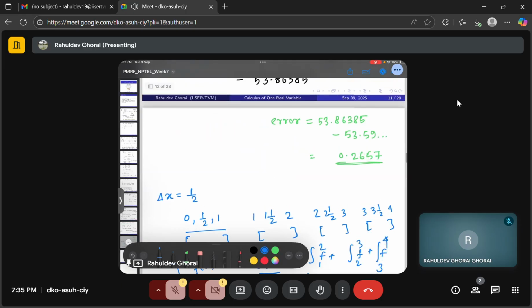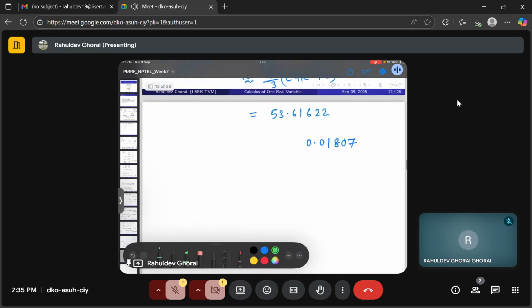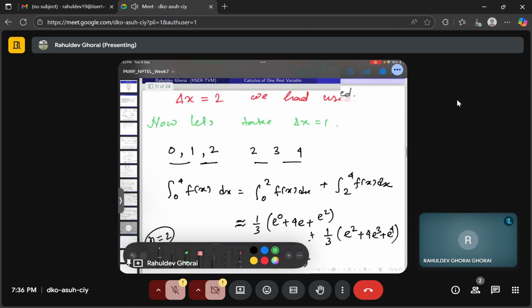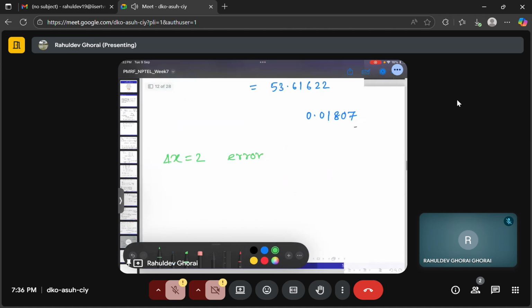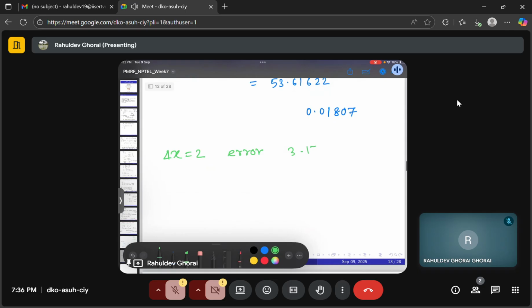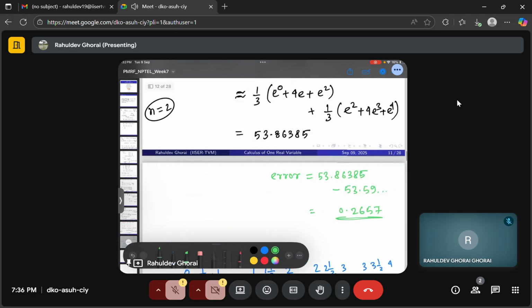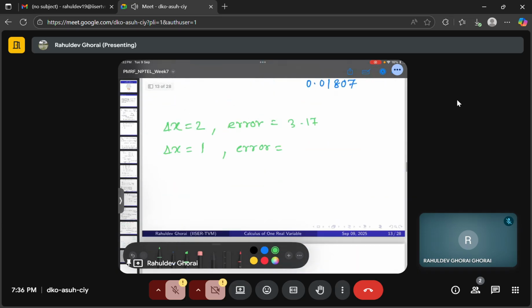So now the error becomes 0.01807. See, with del x equal to 2, the error was 3.17. With del x equal to 1, the error was 0.26.